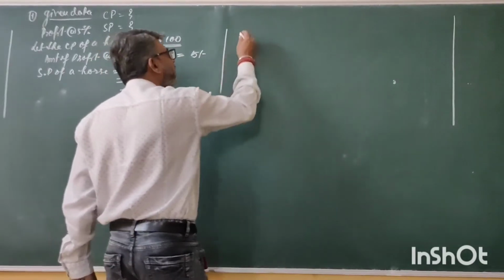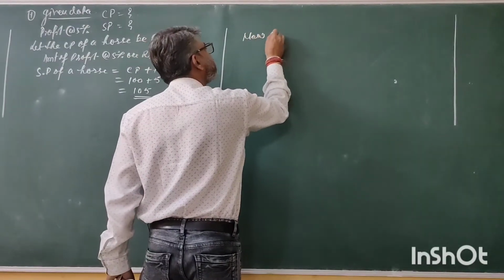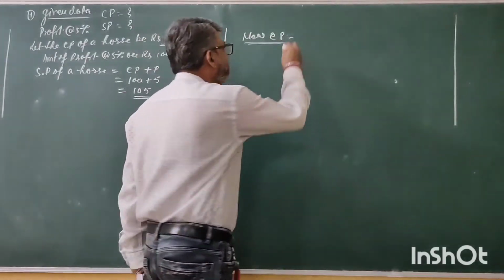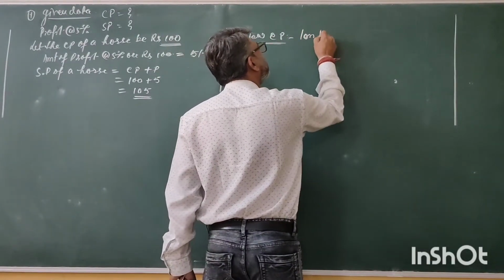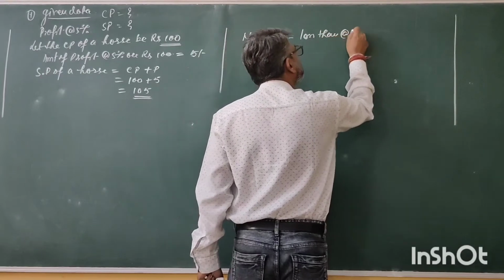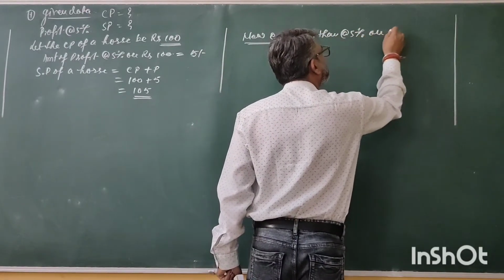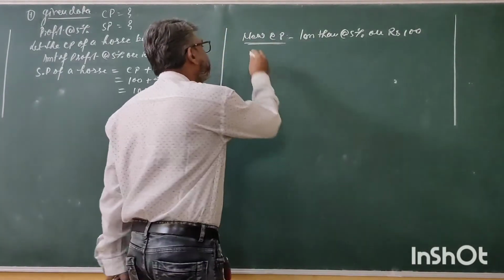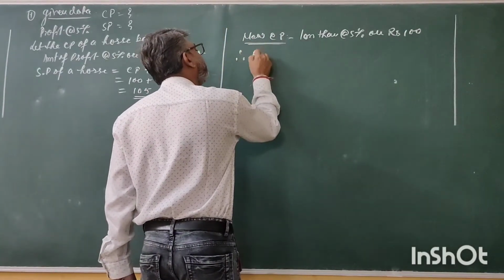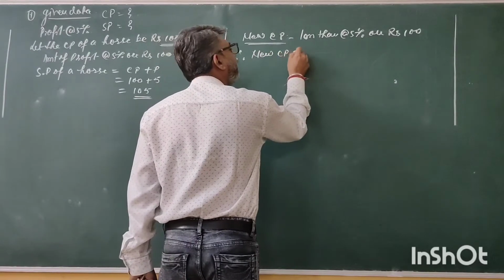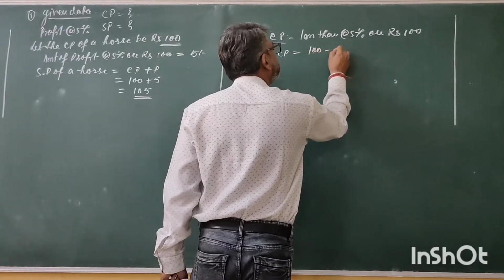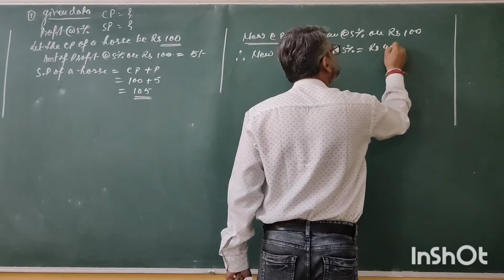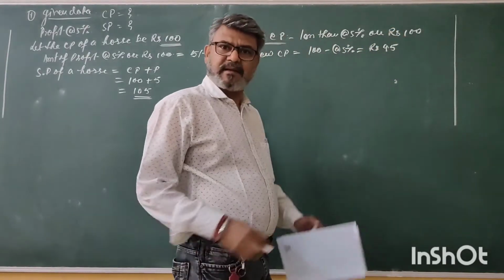Therefore, new CP is 5% less than ₹100. Clear? Therefore, new CP is equal to 100 minus 5%, which is ₹95. Clear?